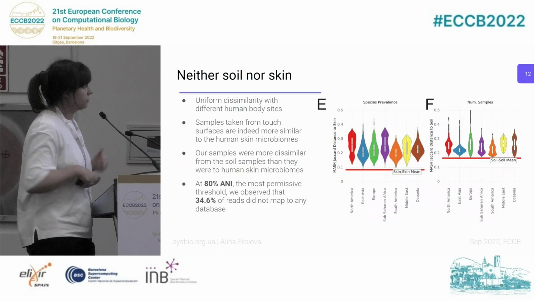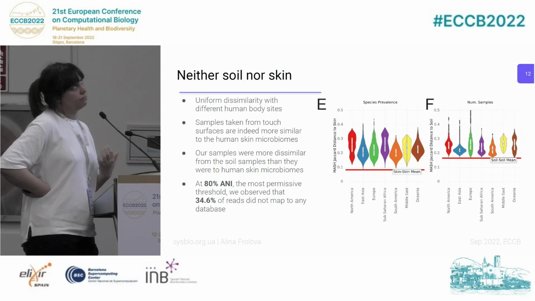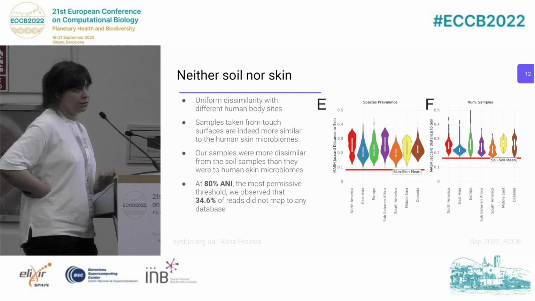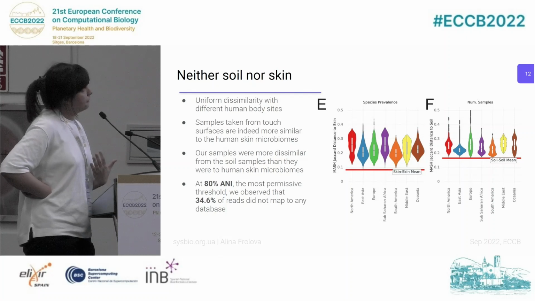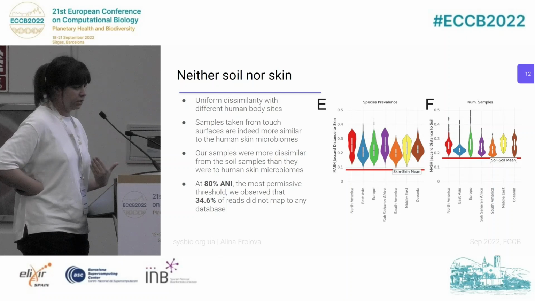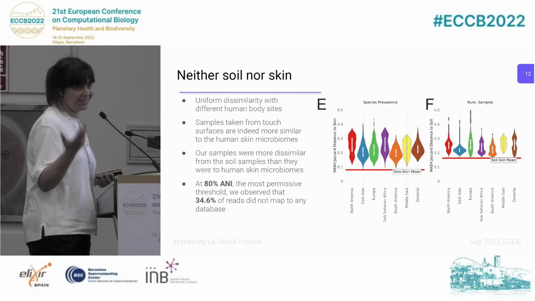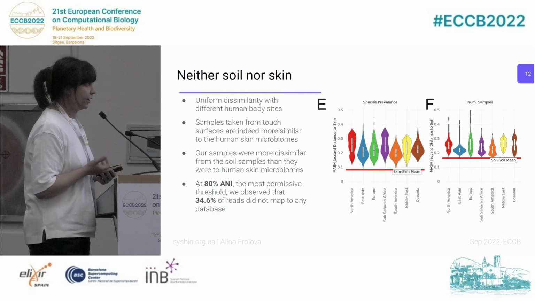So in the main paper, we rather think that it's neither soil nor skin. And of course, we can see a trend if we study surfaces which are often touched by people. They do resemble the skin microbiome, but it's not necessarily like that.